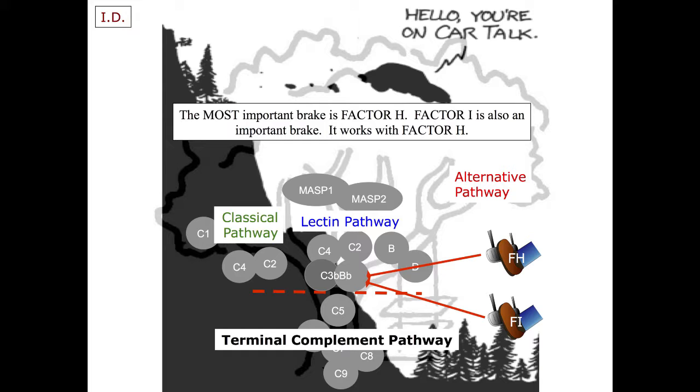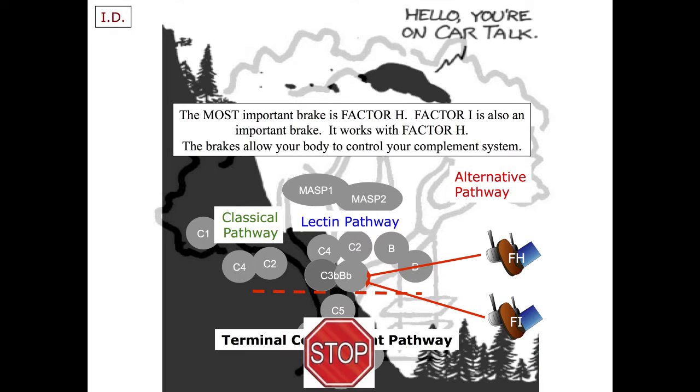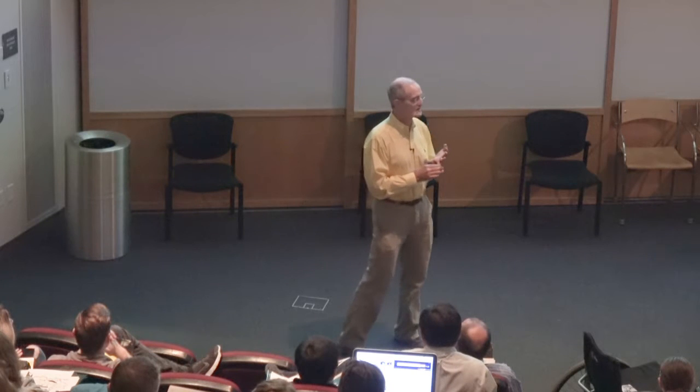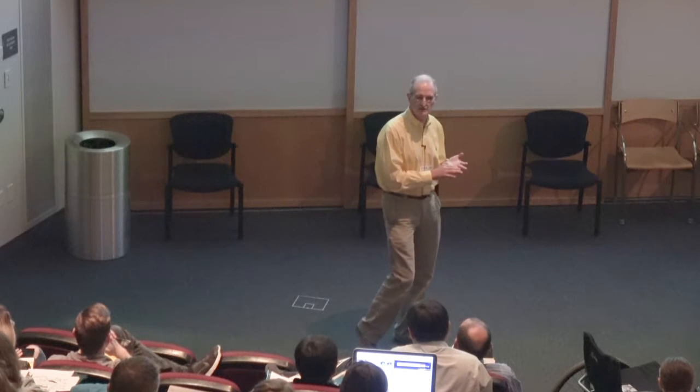And so if the brakes work properly, and if complement is working properly, again, we have massive amounts of C3 in our circulation, massive amounts of factor B in our circulation, all ready to mount a complement attack on a bacteria if you get infected.